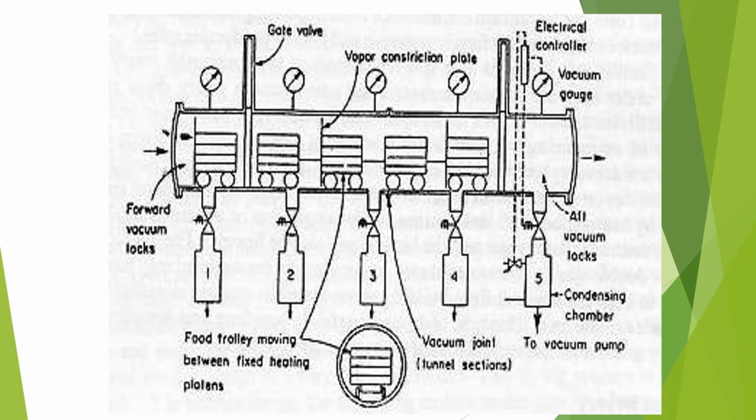Inside there are 5 vapor producing units. Then the upper side plate and the gate valve are there. Next, I'll explain it in the next slide.